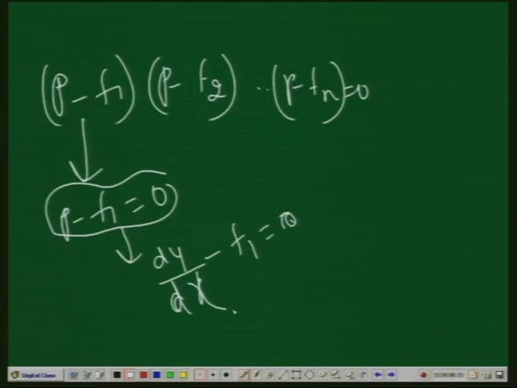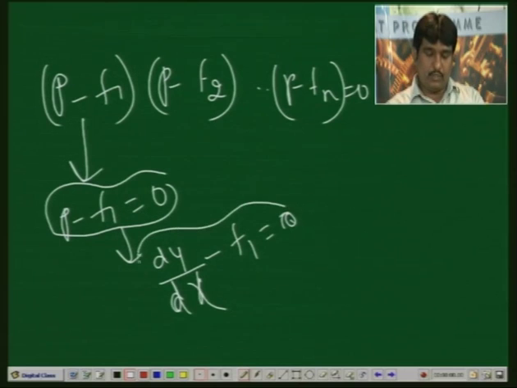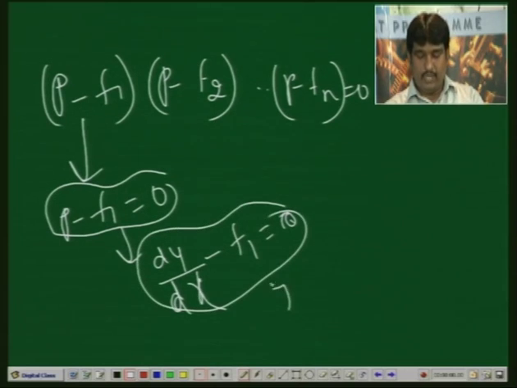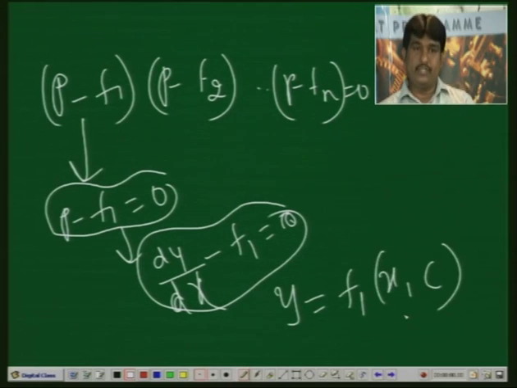You can easily solve this differential equation by known techniques, maybe a variable separable form or exact differential form or homogeneous type, or else using integrating factor concept. So you can solve this to get solution y equals to f1 of x comma c involving one arbitrary constant.